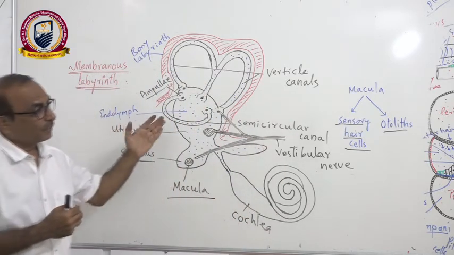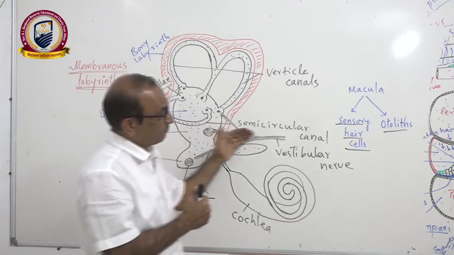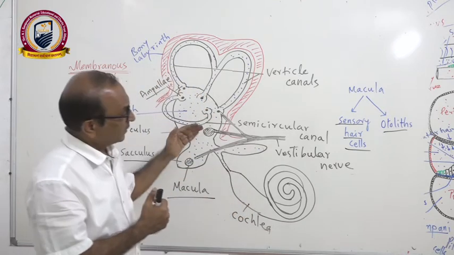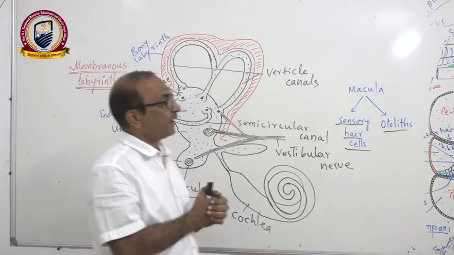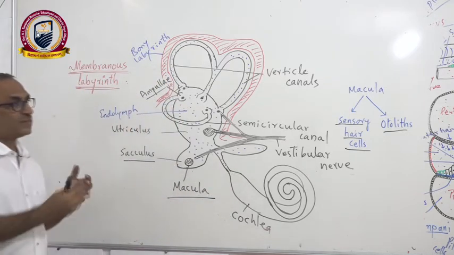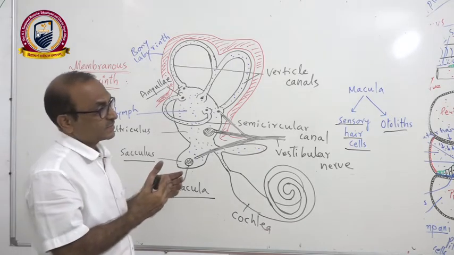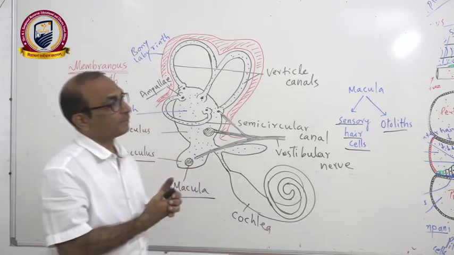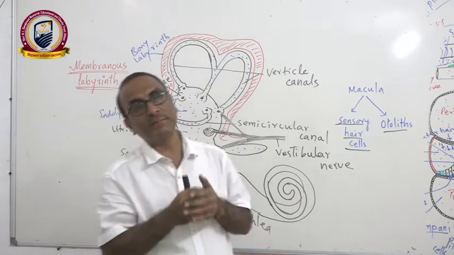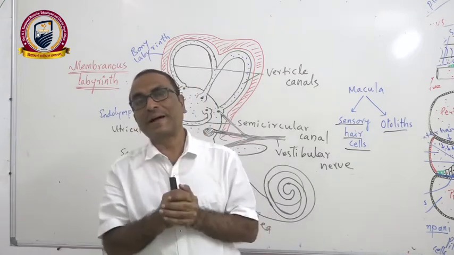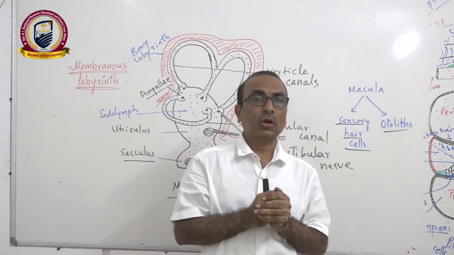Similarly, for balancing also, the information in the form of signals will be reaching the central nervous system, where it is further processed and analyzed, and then it is understood by our central nervous system that the position of the head is changing, or we are losing the balance. So immediately the head position is brought back to normal.